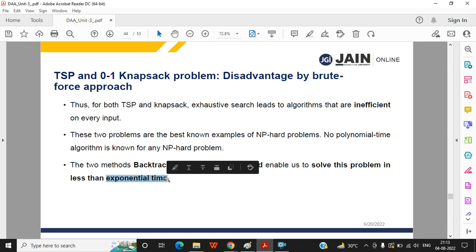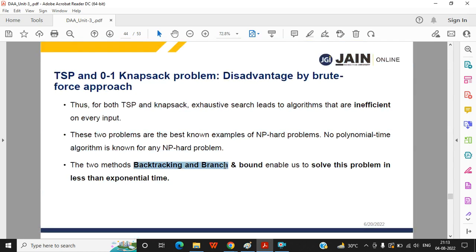Even that will be smaller than 2 to the power n. So any algorithm that comes with exponential time is non-polynomial, non-deterministic, not determined.